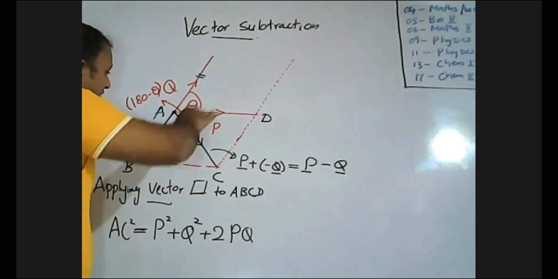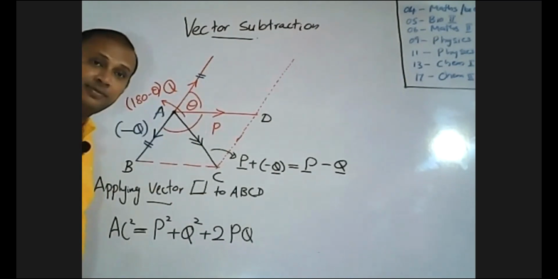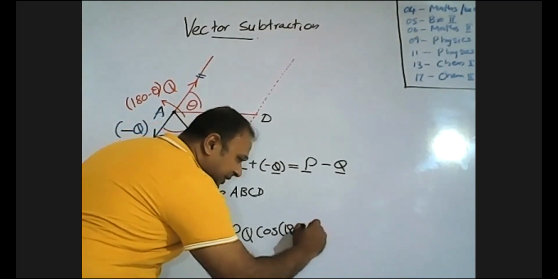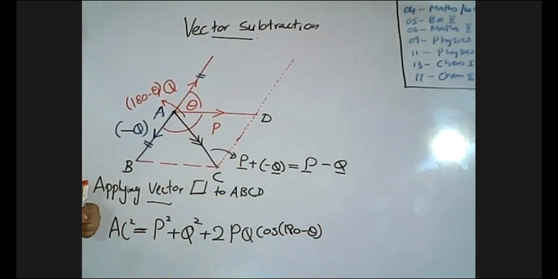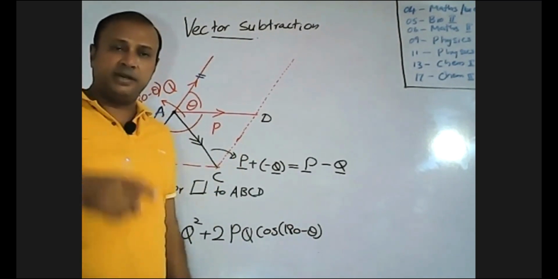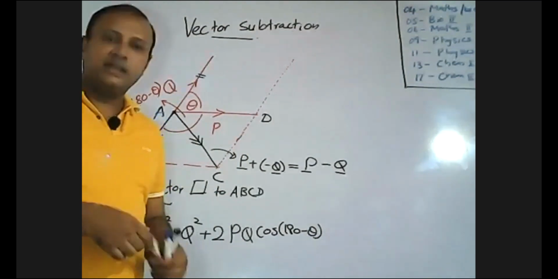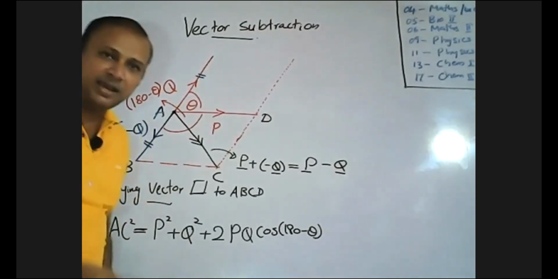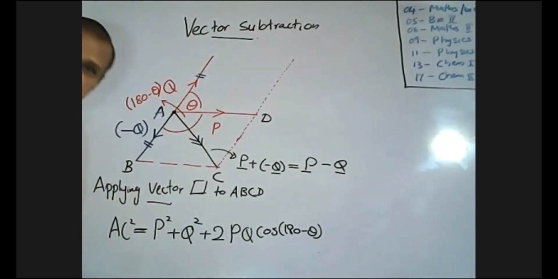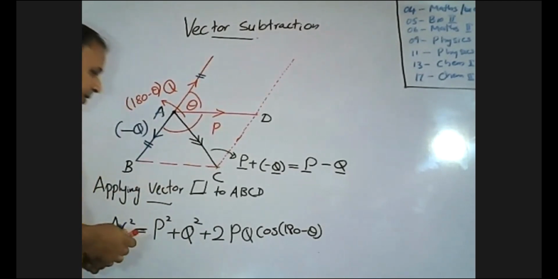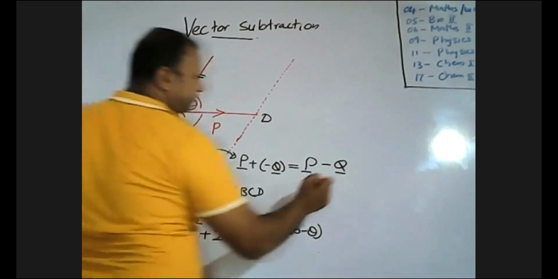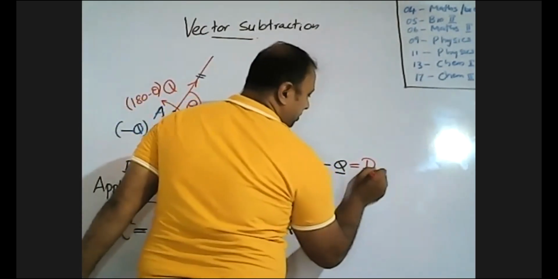What is the angle between these two? 180 minus theta. Therefore, cos of 180 minus theta. Normally, subtraction is represented by D. D means difference. So I can write it as D vector, the difference.